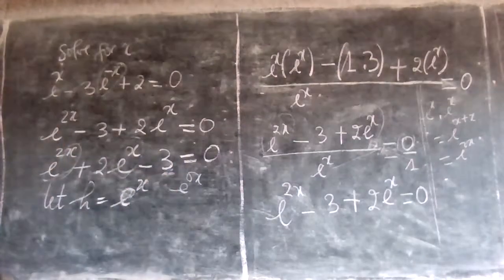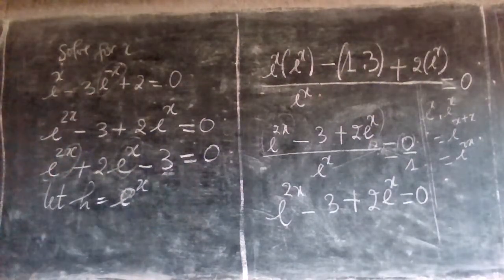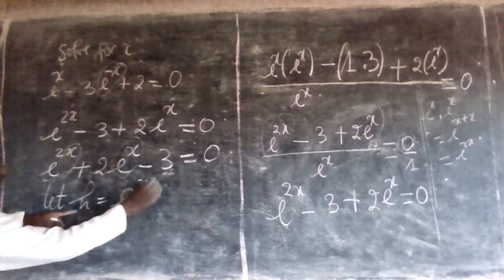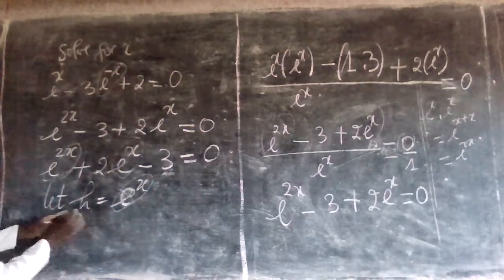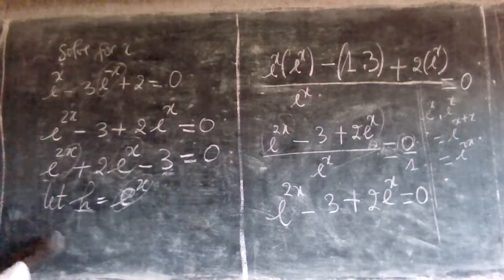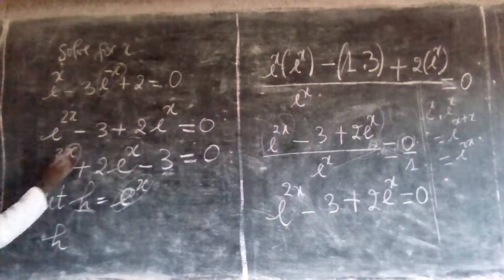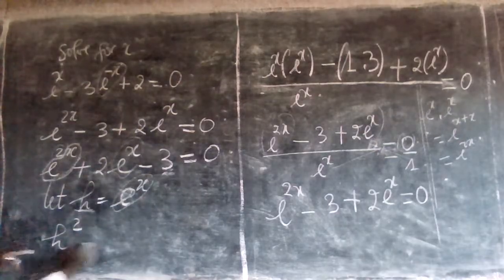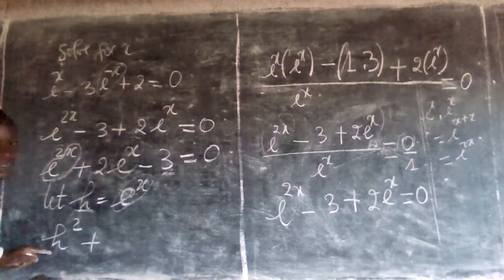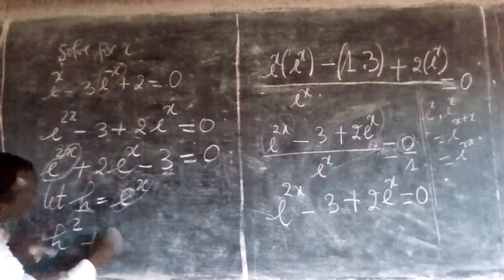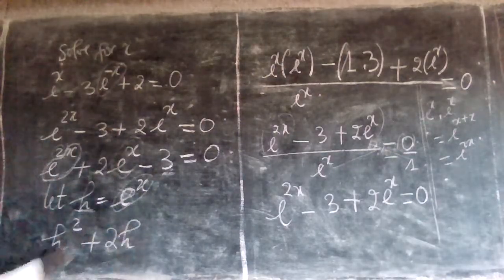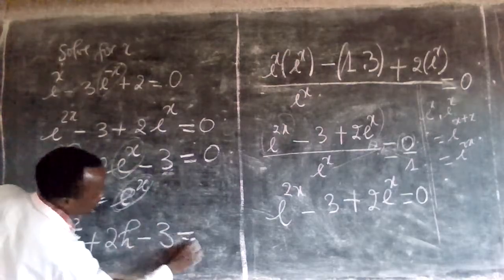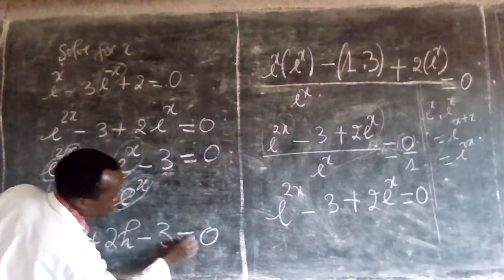Now, let us continue by saying that where there is e^x, we have to put this h. It is h squared plus 2h, because it is similar to this one, minus 3 is equal to 0.